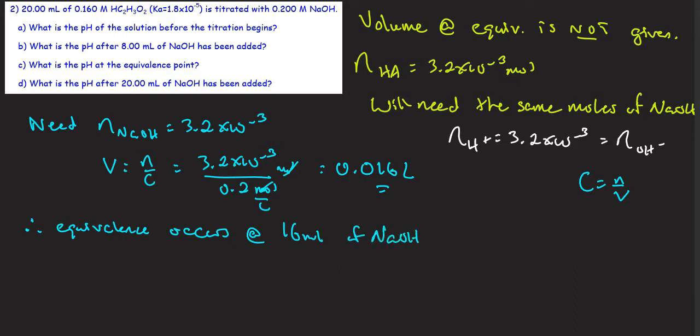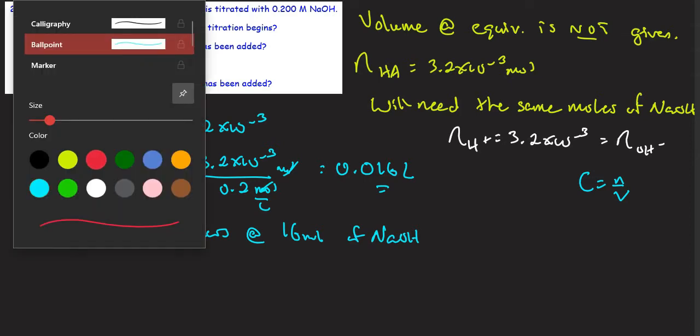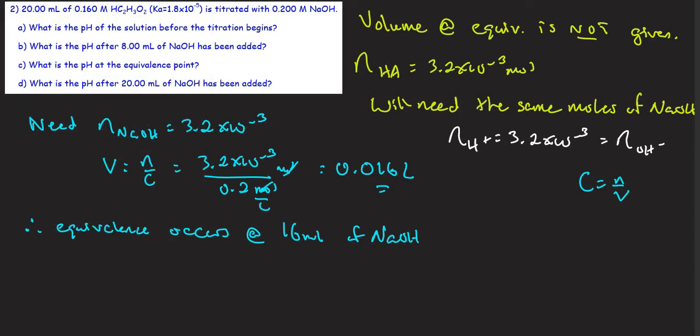Now think about what ions are present here. Just as a reminder, all our acid is gone, so we have no acid left. We do have sodium floating around from the dissociation of sodium hydroxide, but that's irrelevant. It's a neutral ion.